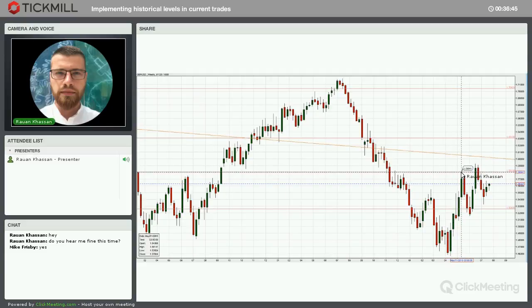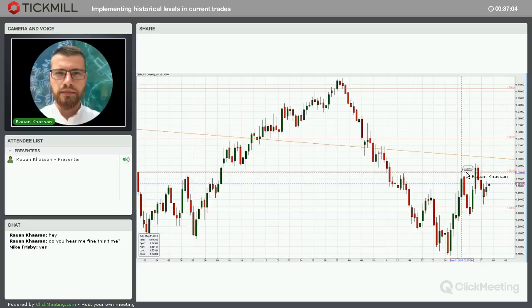In May of 2015, the price has technically touched a historical level of 1.5010 and produced, guess what? Again, a 600 pip reversal.